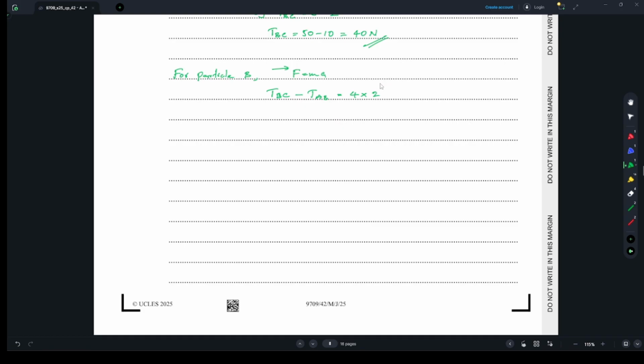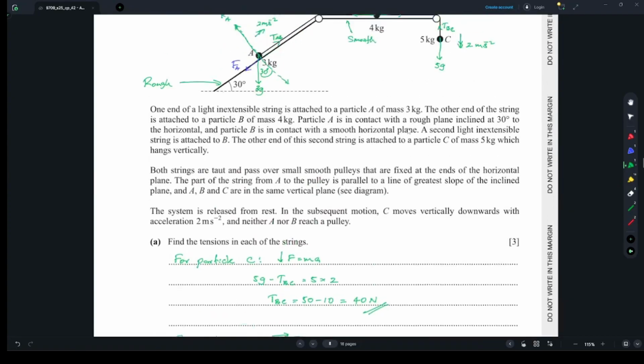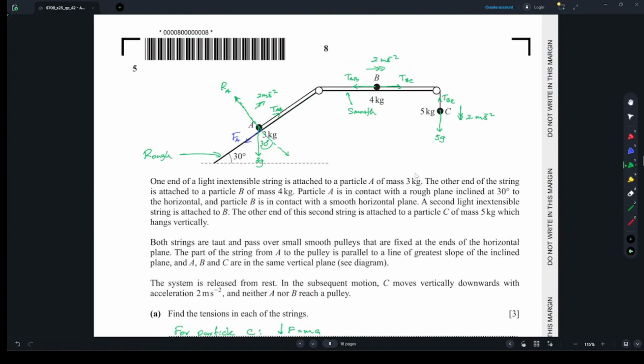So with this one we can write TAB, I will bring to the right side, and 4 times 2, 8, to the other side. Okay, so TBC was 40 minus 8, which is 32 newtons. Okay, so right, we found the tension of the strings.